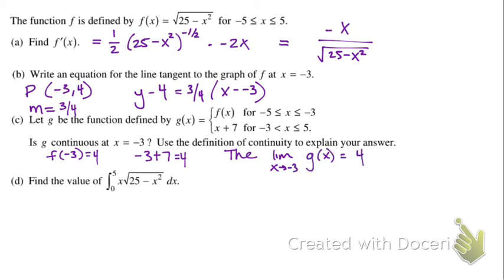So the limit exists. I would say g of -3 equals 4 because this is the one where it says x is less than or equal to -3. So if I plug in -3 here, I get 4. So yes, g of -3 is equal to 4. And last but not least, the limit as x approaches -3 of g of x is equal to g of -3.